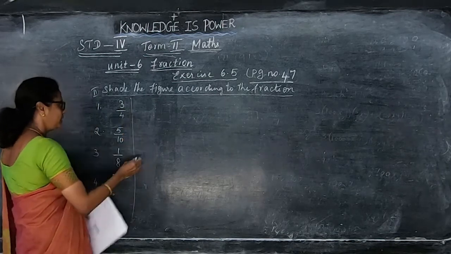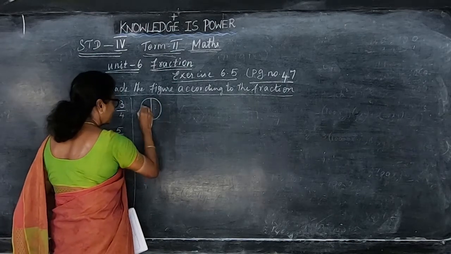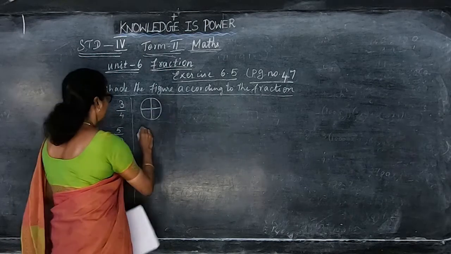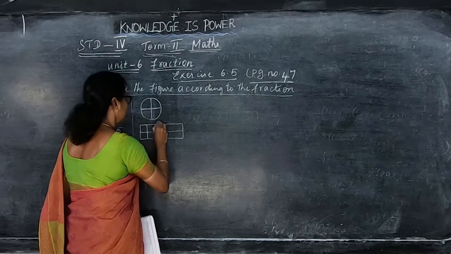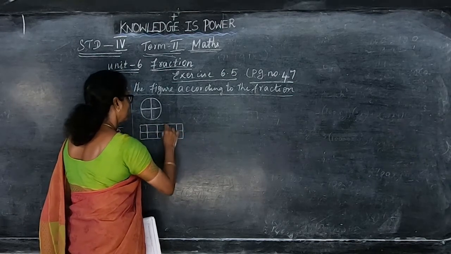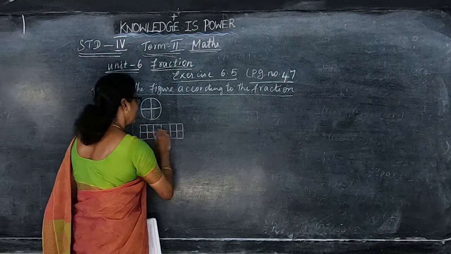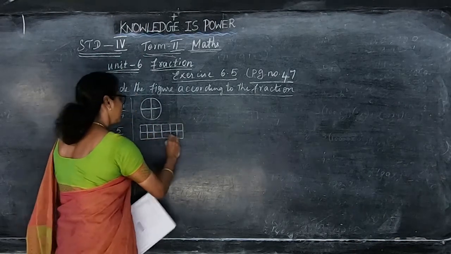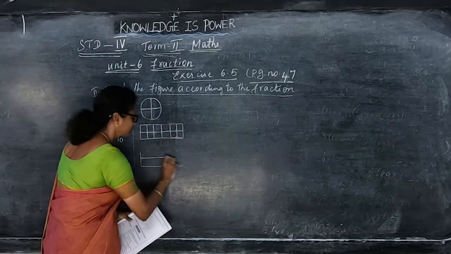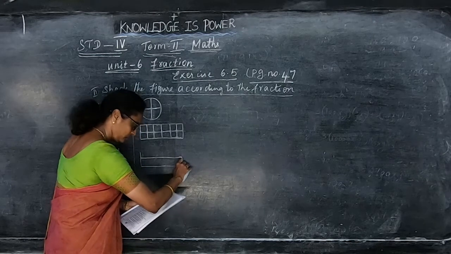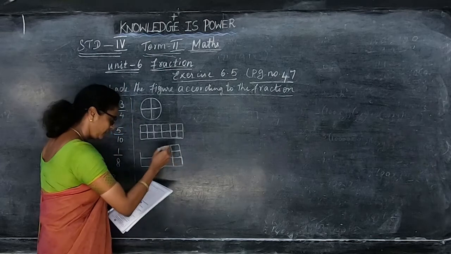So the number is given, and the picture is given. So 3 by 4 for 10. Then, so 1 2 3.